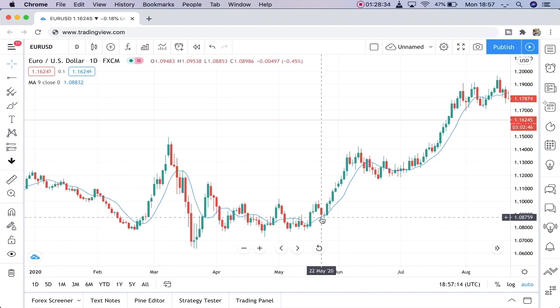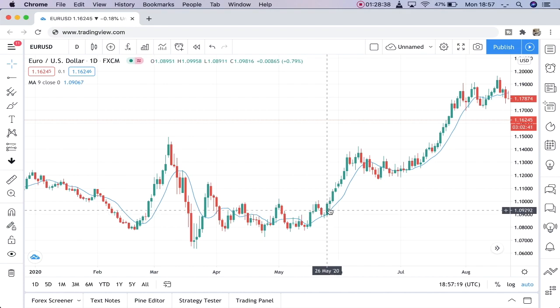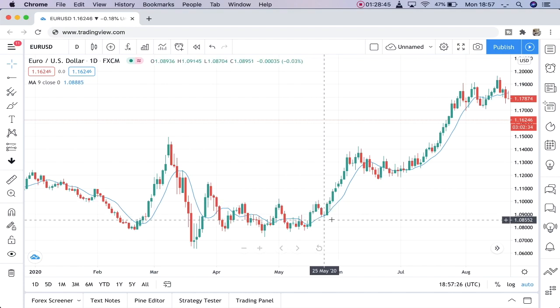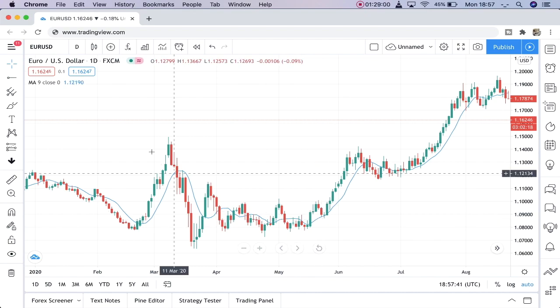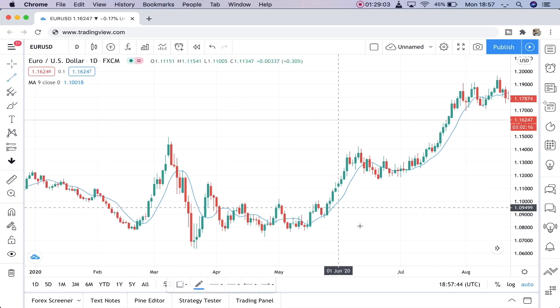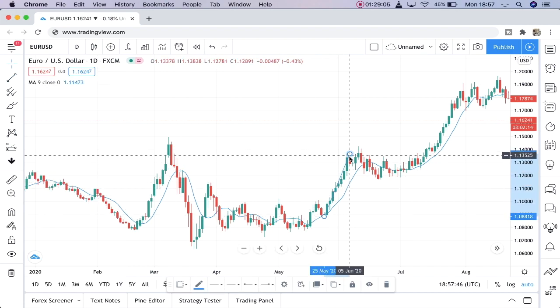Remember, morning star: bearish candle, doji, and then a bullish candle, usually the same size or bigger than the bearish candle. As you can see here, there was your morning star happening on the moving average, and the moving average at this point indicates the trend is up. So you have extra confirmation that this is going to be a bullish trend. And lo and behold, it was a bullish trend and the trend continued.